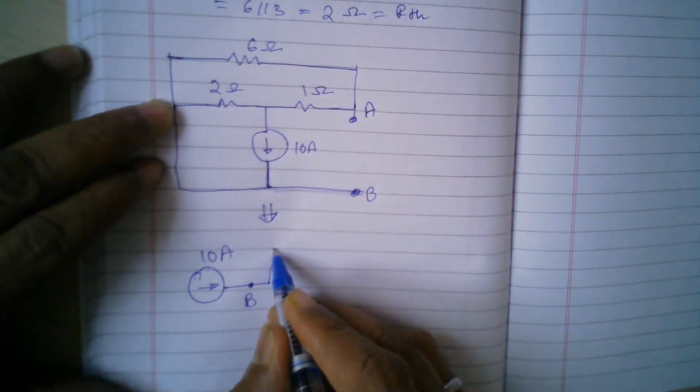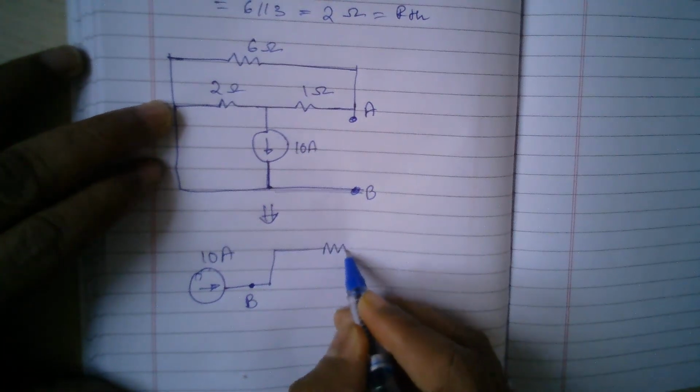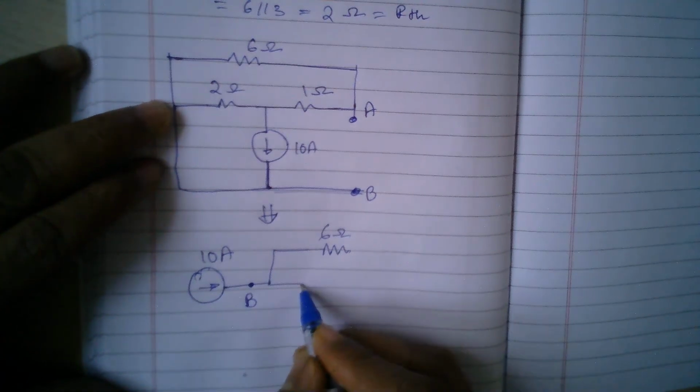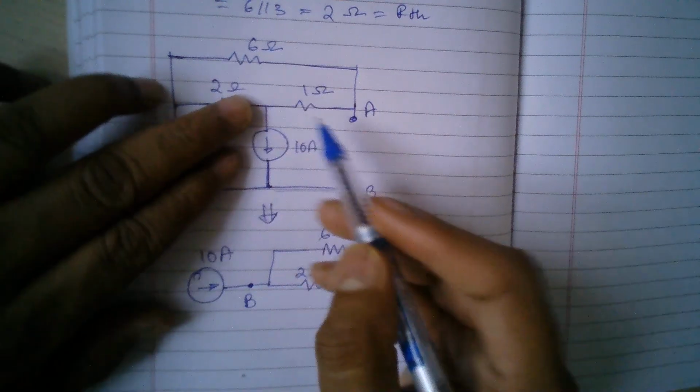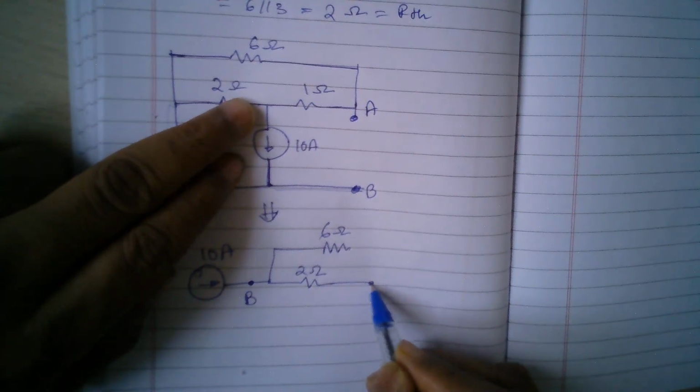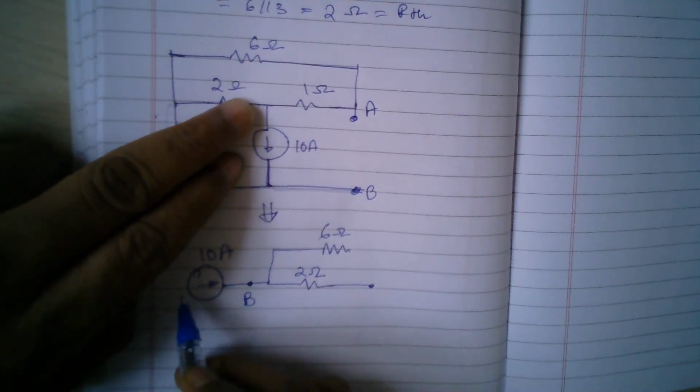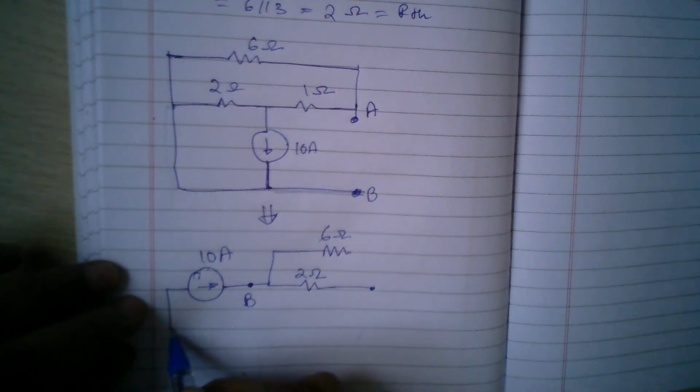Okay, so that is splitting into 6 ohms and then 2 ohms. So after splitting into 6 ohms and 2 ohms, the 2 ohms part is directly coming back to the negative terminal of this circuit.